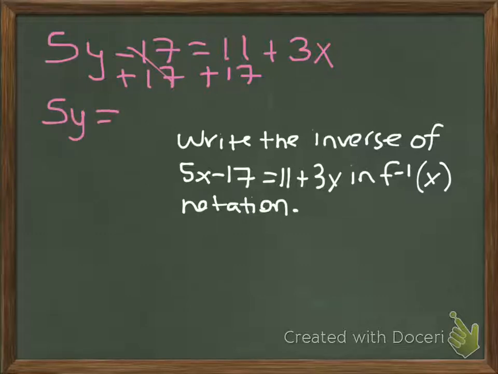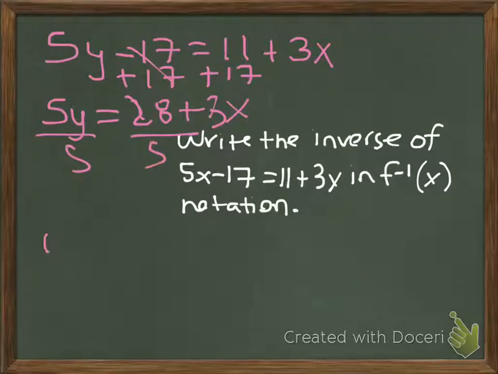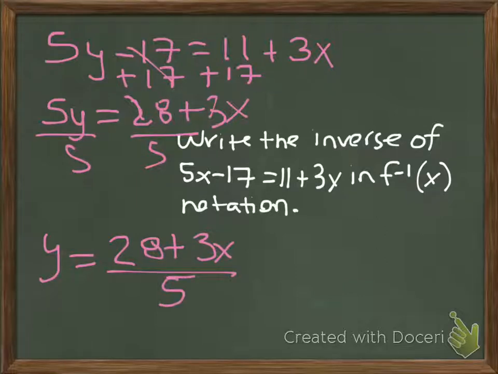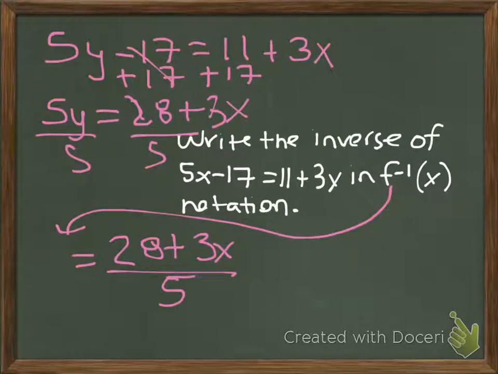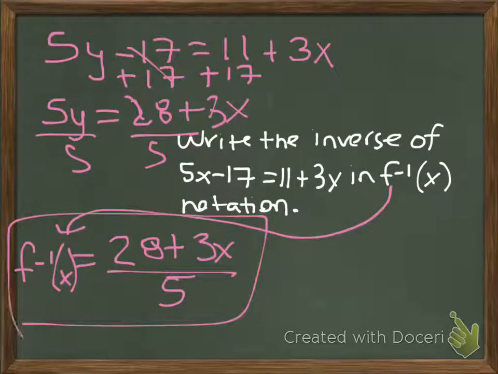We get 5y equals 28 plus 3x. Then divide everything by 5. So y equals 28 plus 3x over 5. And then we need to put in our f to the negative 1 of x. And this is our final answer.